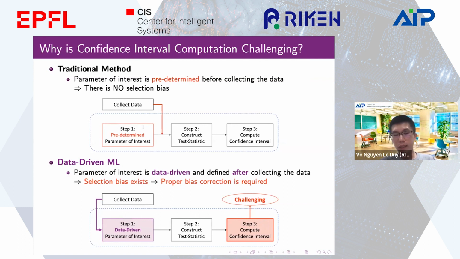But in contrast, in machine learning, we first collect the data and then apply the machine learning algorithm on the data to observe the parameter of interest. In other words, the parameter of interest is data-driven and defined after collecting the data. Therefore, data selection bias exists, and proper bias correction is required to compute a valid confidence interval for the data-driven machine learning result.